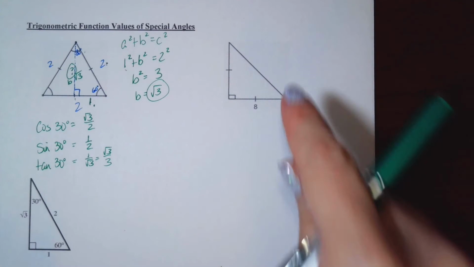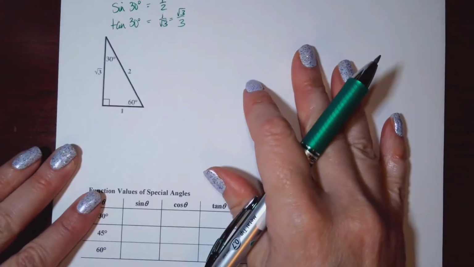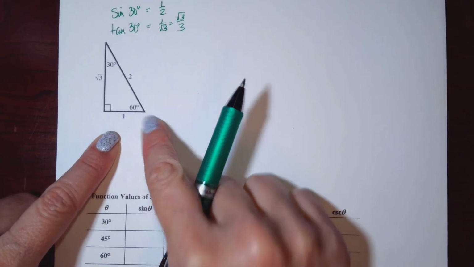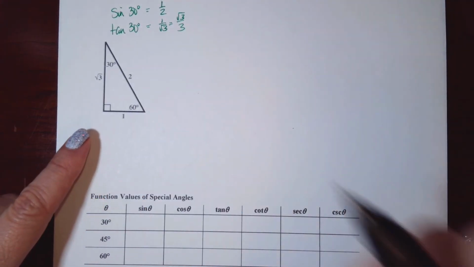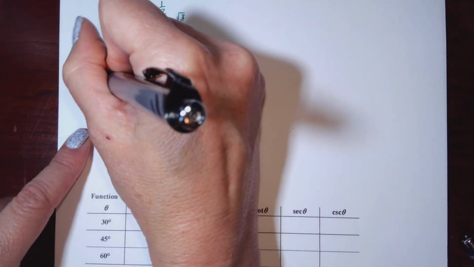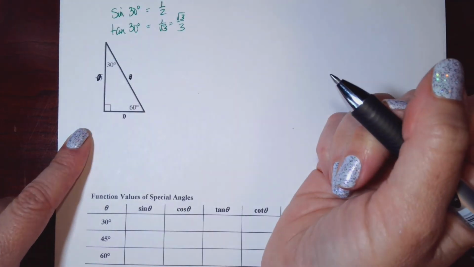Now let's look at this one. Oh dear, I should have picked different values because this set it up. You know what, we're going to change these values. Change these values with me. Because we have 1, 2, and square root 3, 30, 60, 90.